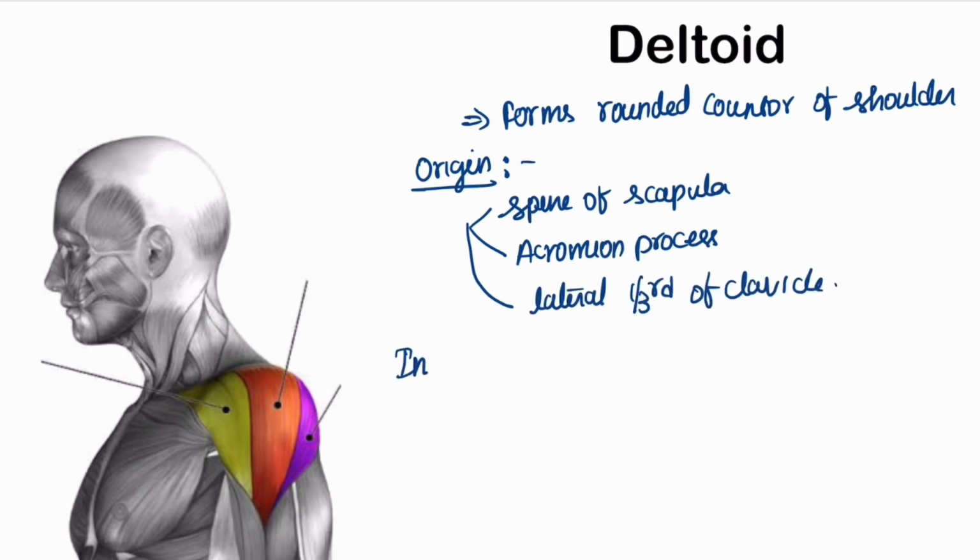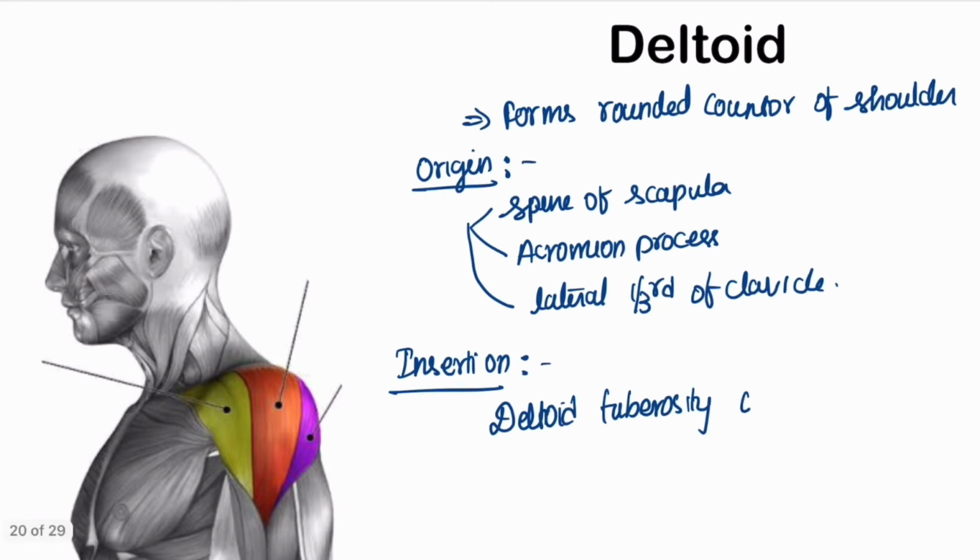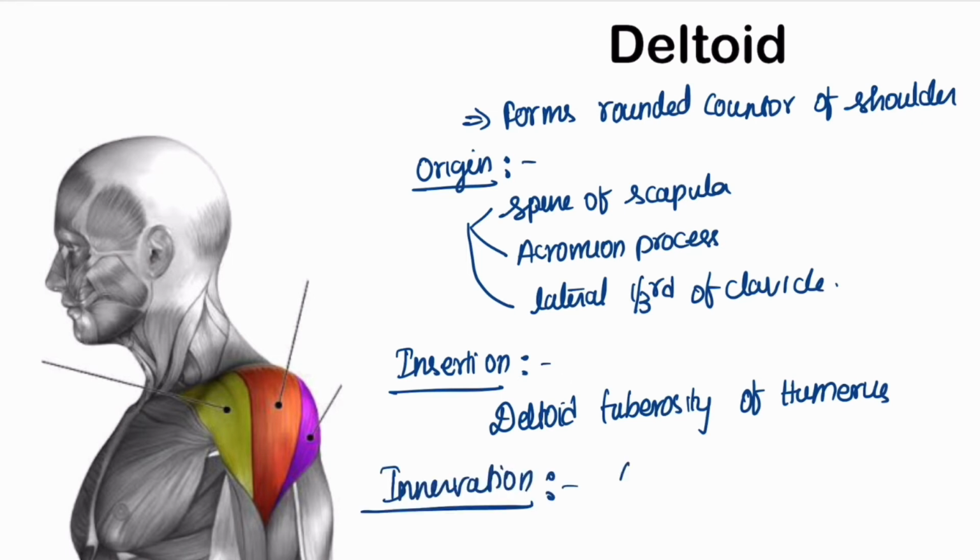Insertion: it inserts onto the deltoid tuberosity of the humerus. Now let us see the innervation. This is innervated by the axillary nerve.